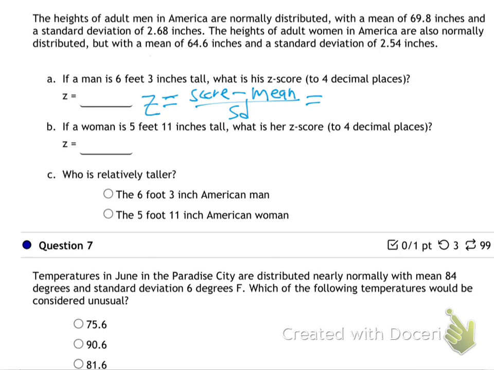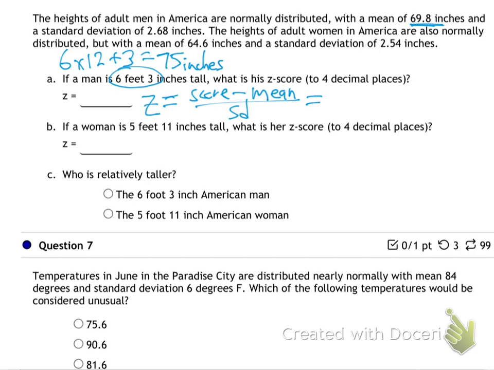So here we go. For the man, he was 6'3" tall. Now they're tricking me here. I got to change that to pure inches because the other numbers are in pure inches, not this feet-inches mixed stuff. So 6 feet is 6 times 12, because there's 12 inches in every foot.